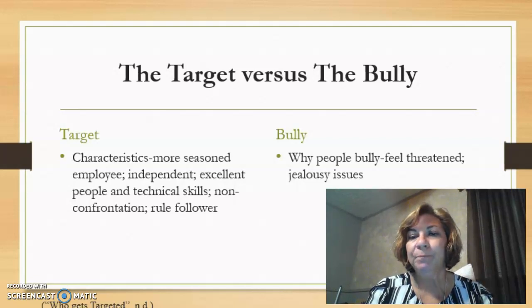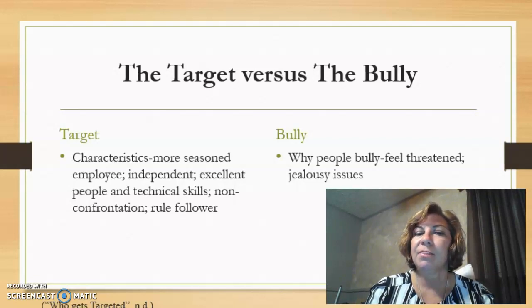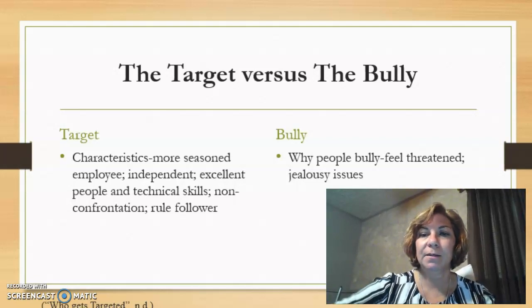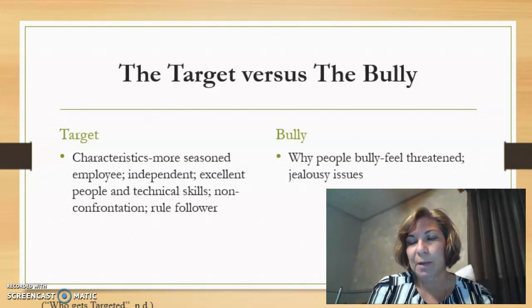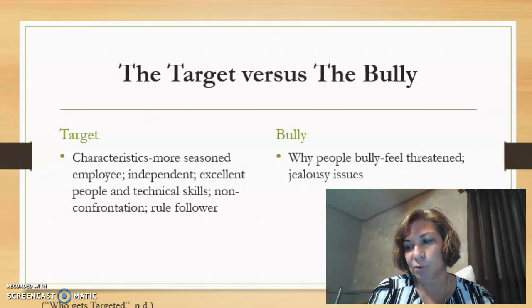Why people bully? The bully often feels threatened by those people that tend to have those characteristics that they may not possess. They might feel threatened if the target is stronger and has more strengths. So they could be jealous and feel that their job might be in jeopardy. So then they tend to single that person out. The target's the threat to the bully, and they exhibit those strengths. The bullies are often jealous of the target because they don't possess those traits.